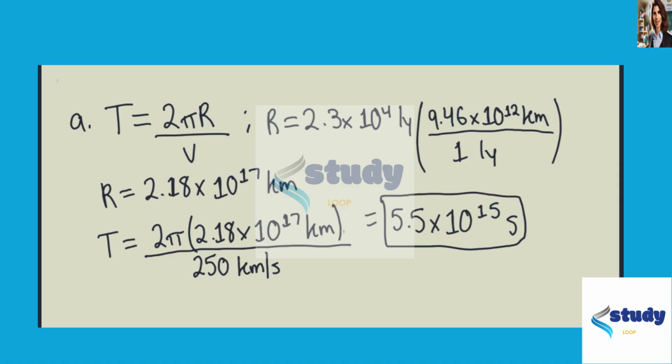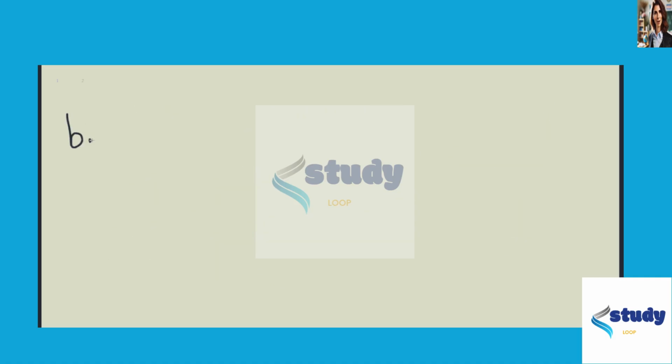And we can say that for part B, the number of revolutions n is, of course, the total time t divided by the time capital T, or the period, for one revolution. So the number of revolutions would be equal to t divided by the period. So we can then say this would be equal to 4.5 times 10 to the 9th years.